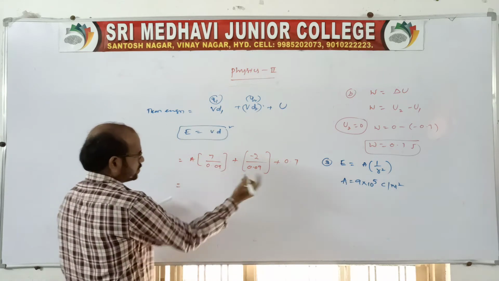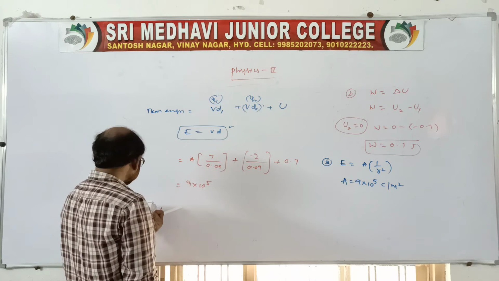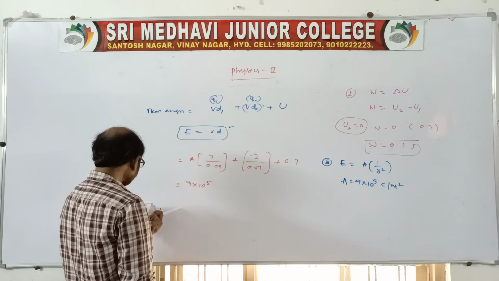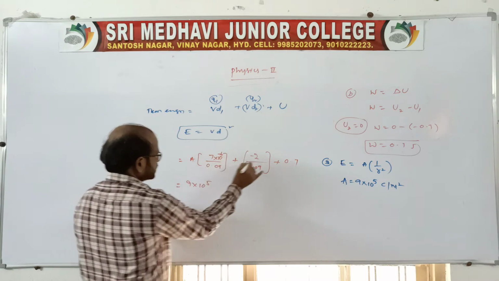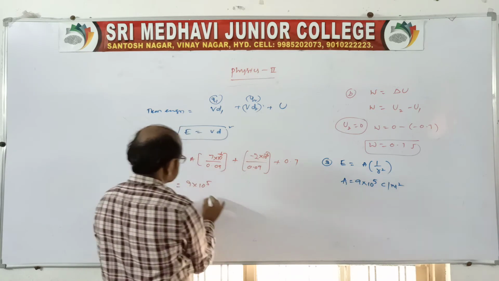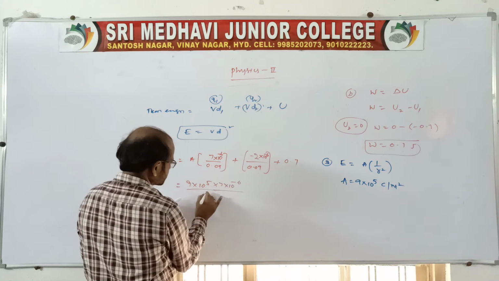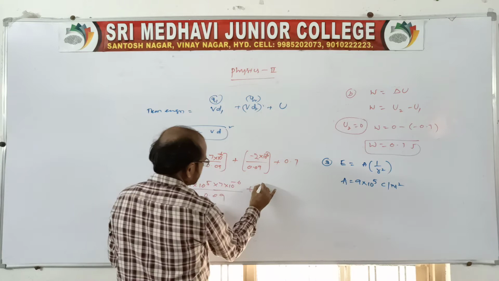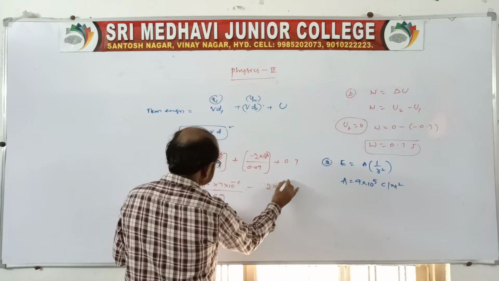So A we know is 9 into 10 power 5. Here also write 10 power minus 6, 7 into 10 power minus 6 by 0.09, plus minus 2 into 10 power minus 6.